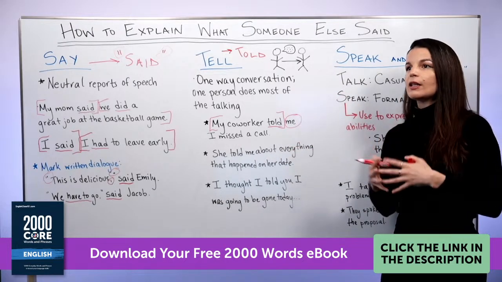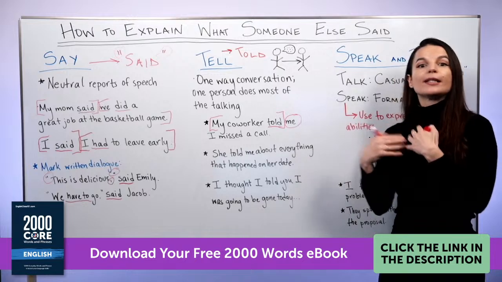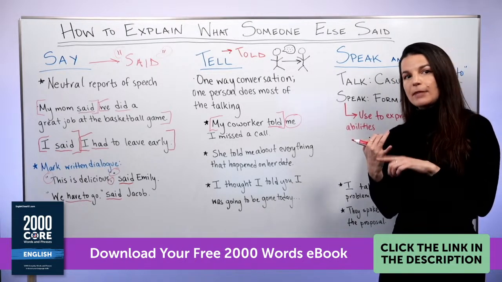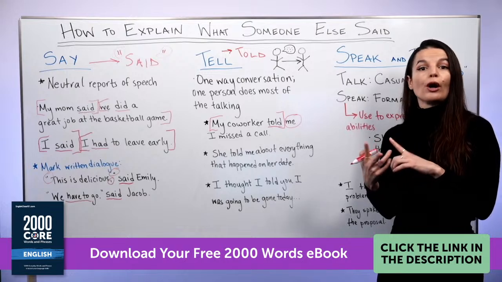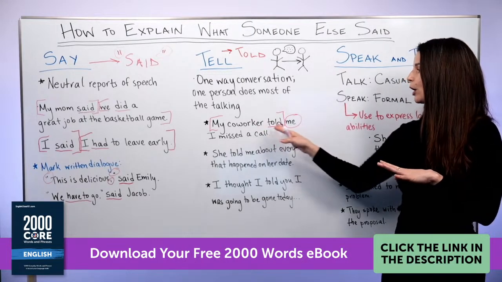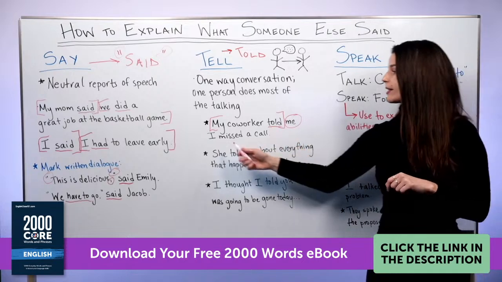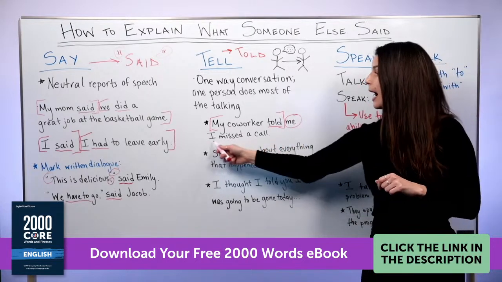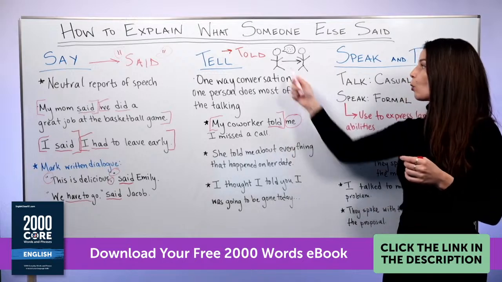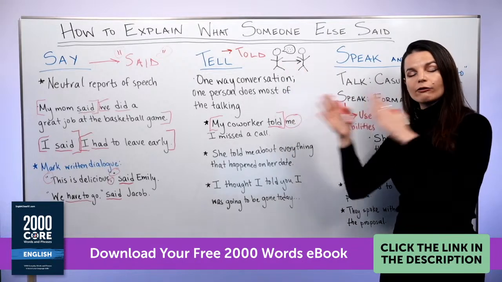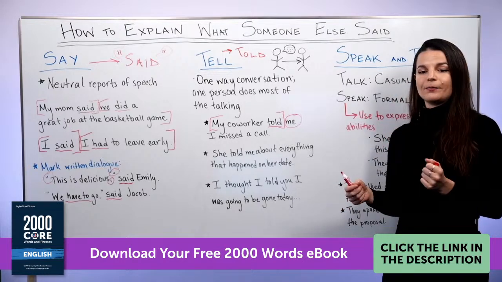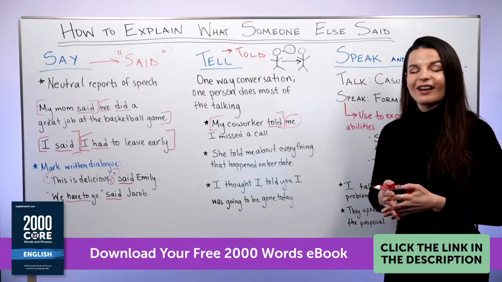You can think of this as the person that receives the information, so we use me or him or her or them. So my coworker told me I missed a call. In this sentence, we have this one-way sharing of information. Oh no! Let's take a look at another example.